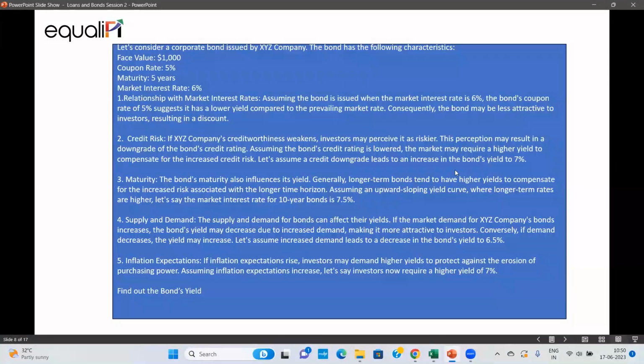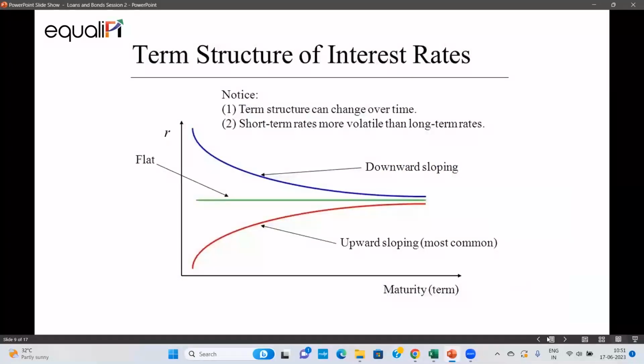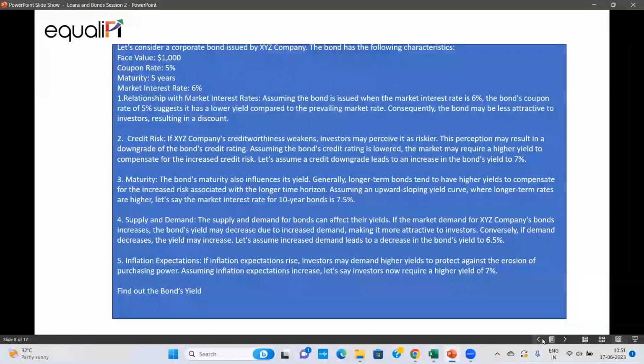Now consider this as a case. Read the case carefully, thoroughly, and then we will solve the problem. Face value 1000 rupees. Coupon rate is 5%. Sorry. Maturity 5 years. Market interest rate is 6%.